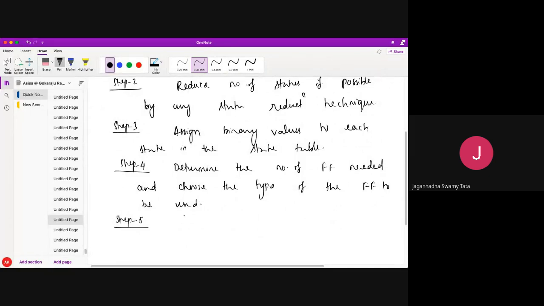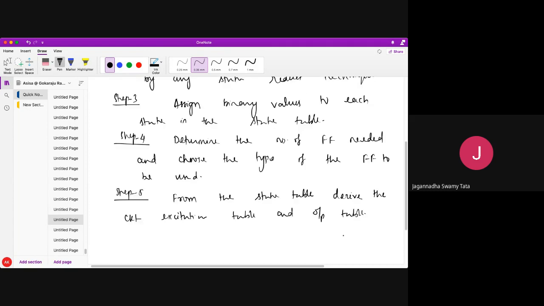So next, step 5. Step 5 is from the state table, derive the circuit excitation table and output table. Okay. Next, step 6.